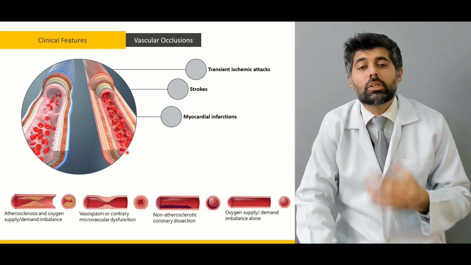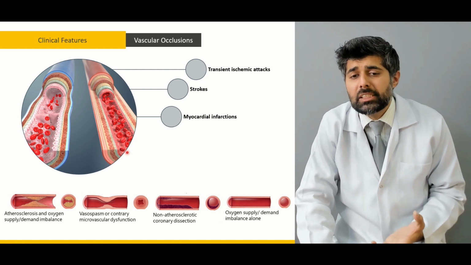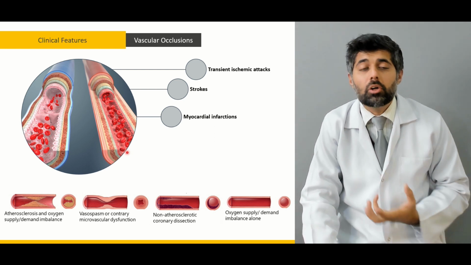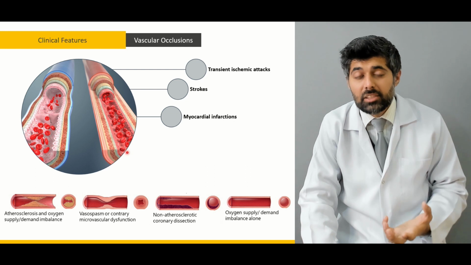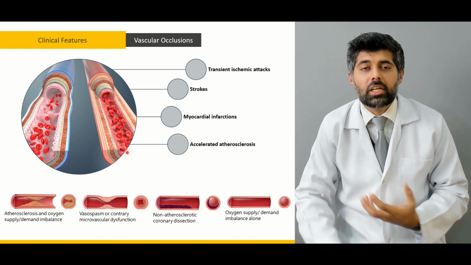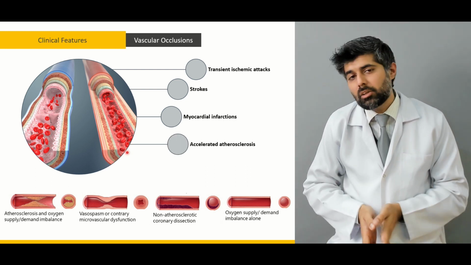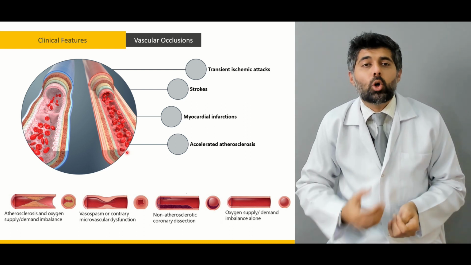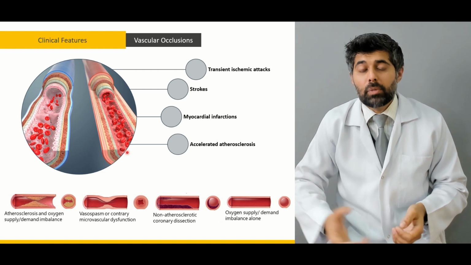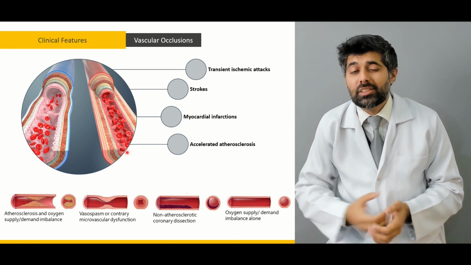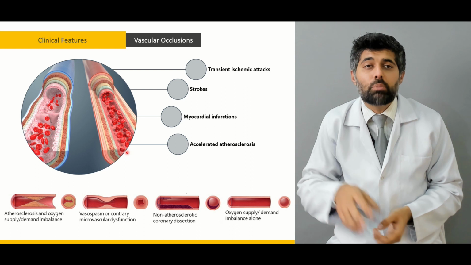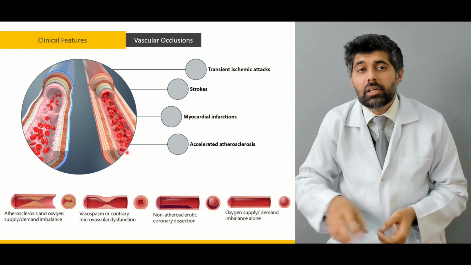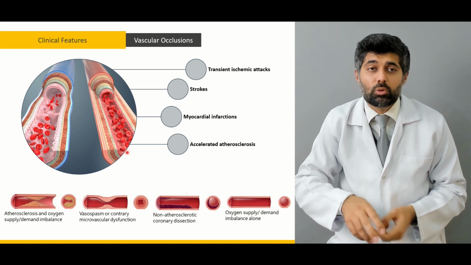Another way vascular occlusions can present in SLE is by myocardial infarction, that is, the coronary supply is compromised, or it can be due to accelerated atherosclerosis. Like I said, SLE is an autoimmune disease, and in autoimmune disease there is deposition of antibodies, and these antibodies can speed up the process of atherosclerosis.